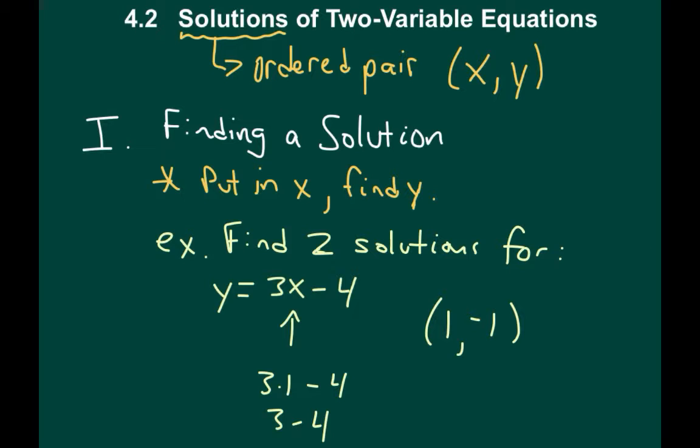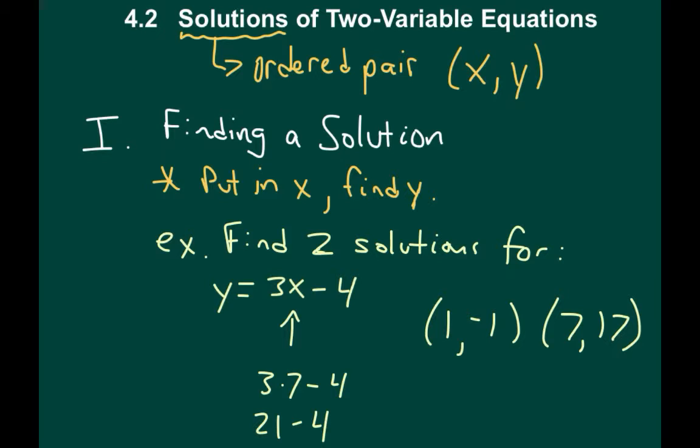And we could do that exact same thing, but just with a different x value. So maybe a different person for their point might pick like a 7. And then it would be 3 times 7, take away 4. Well, that's 21 minus 4, so we get 17. And somebody else might pick two different points.